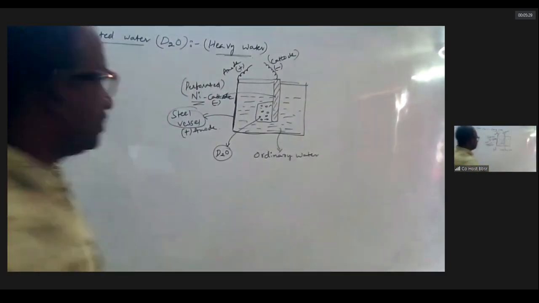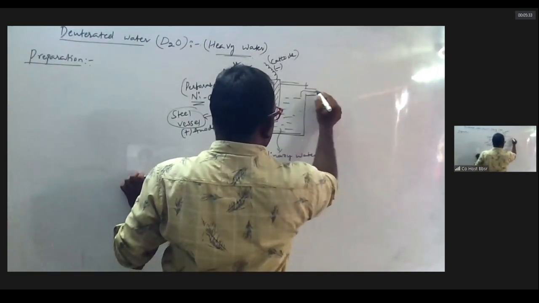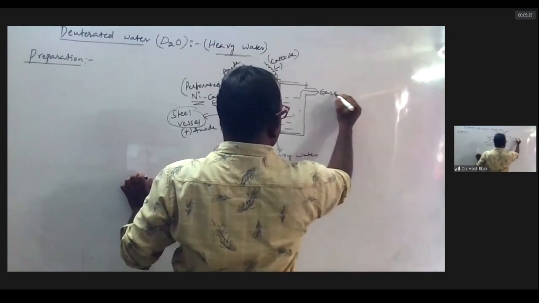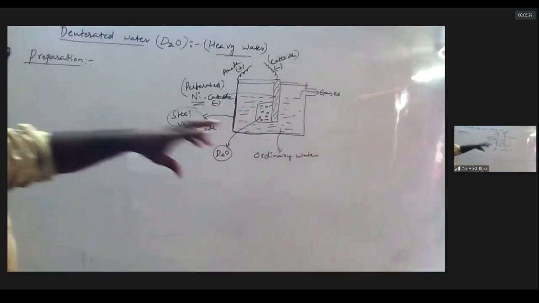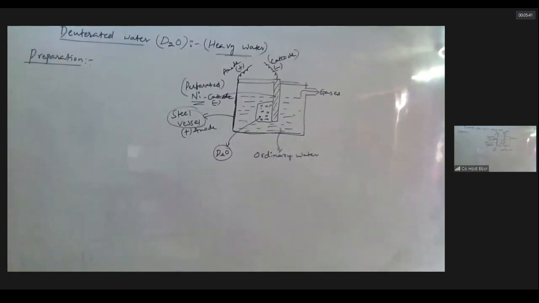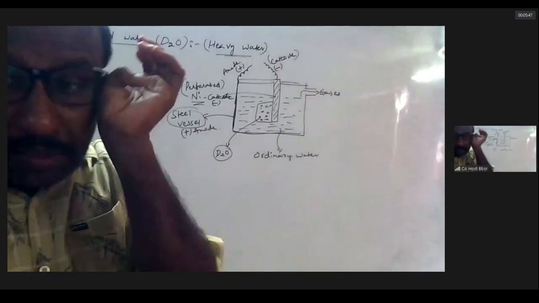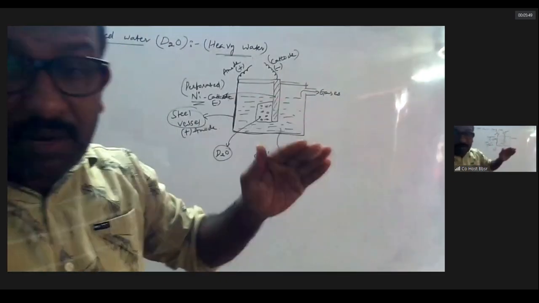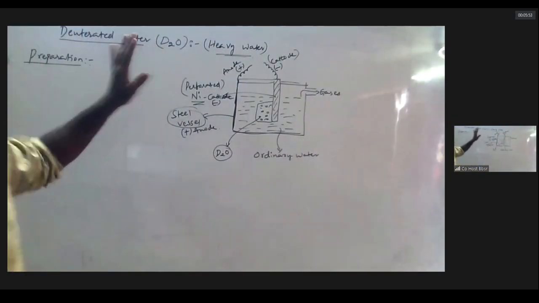So like this, in this there is an outlet. Gases go out. This is the cell for the preparation of deuterium oxide, right? So like this, a large number of cells are taken for the preparation of this deuterium oxide.